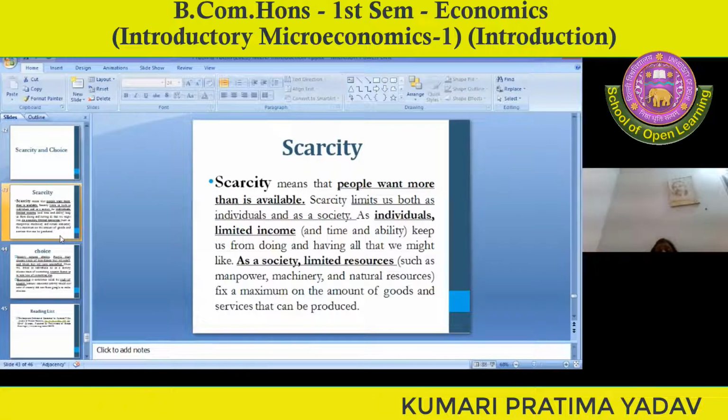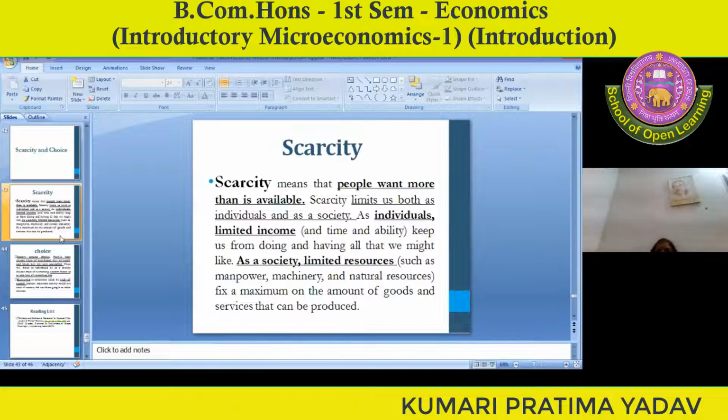Scarcity means that people want more than is available. Scarcity limits us both as an individual and as a society. As an individual, our incomes are limited. As a society, we have limited resources. As I told you, 1.3 billion people, and our land is not too big. We are the second largest population-wise, but if you talk about land, we are the sixth or seventh. So we are not in the exact ratio.